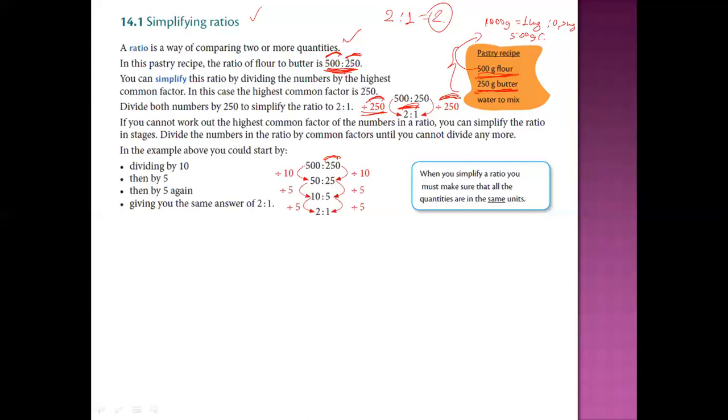For example, firstly you can divide both sides by 10, after that divide by 5, and finally you get the same ratio. So in the example above, you could start by dividing by 10. When you simplify the ratio, you must make sure that all the quantities are in the same units. Same units, don't forget.